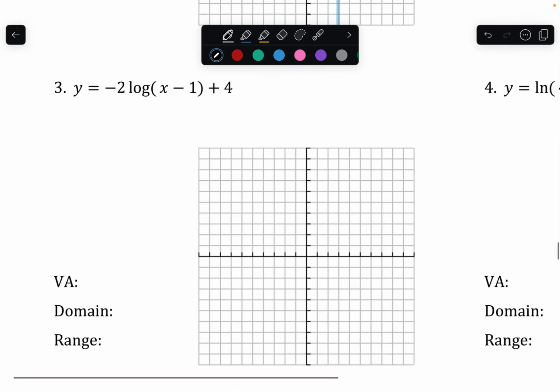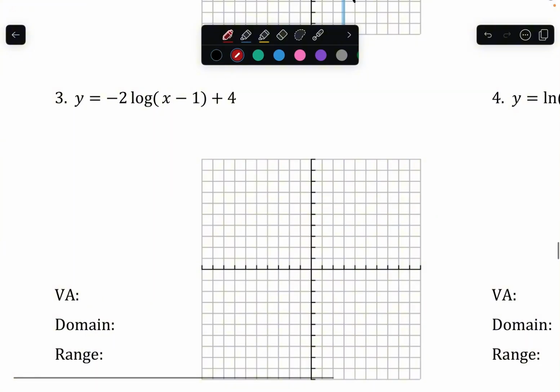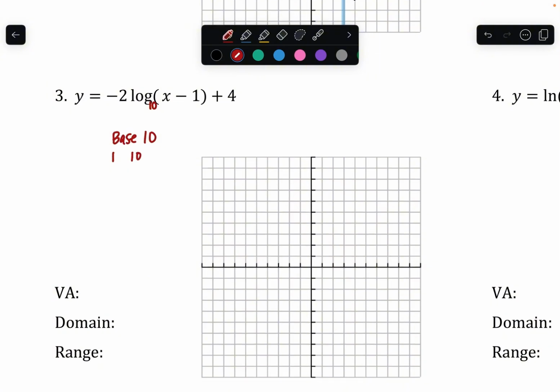Okay, for this next example, you're not seeing a subscript on the log. That means it's common log with a base 10. Okay, and so my distance from the asymptote is going to be 1, 10, and then 100, which absolutely will not fit on the graph, so we just need that 1, 10.